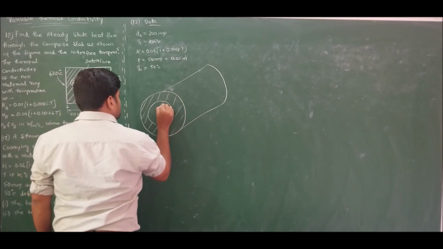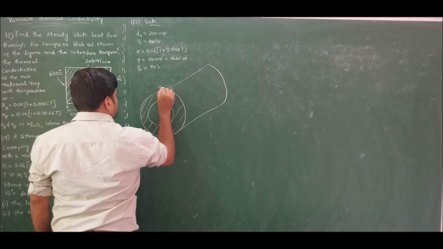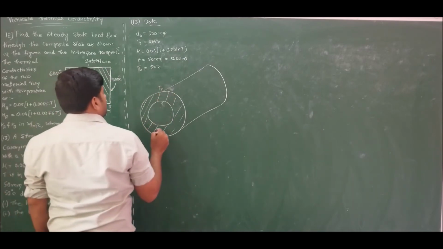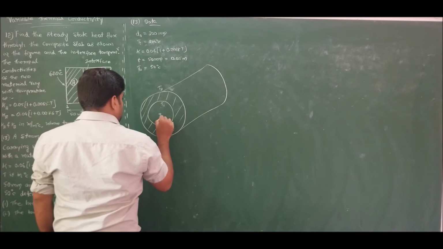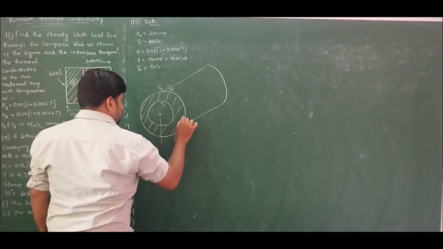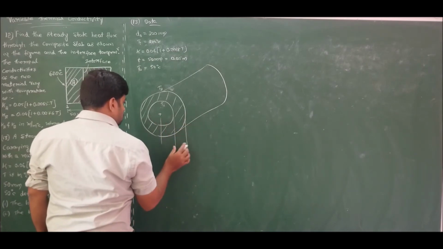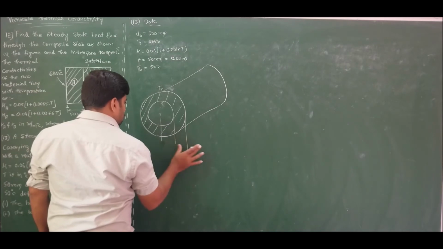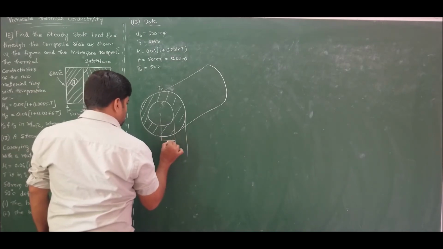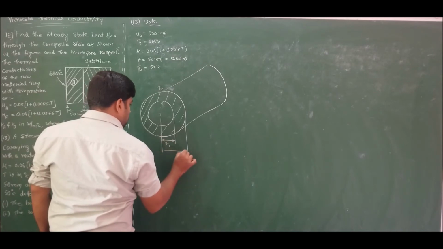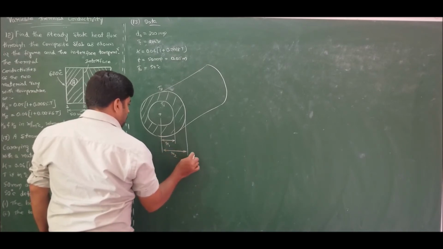Let us take the temperature as T1, and here the surface temperature as T3. Now he has given the radius for us, that is R1. Let us take this as R2.